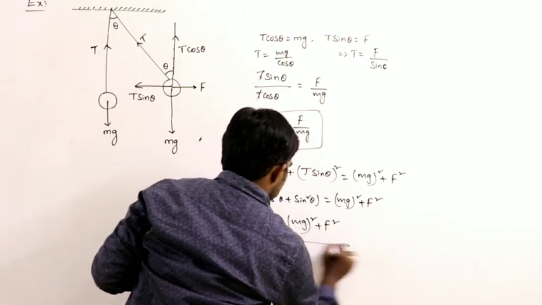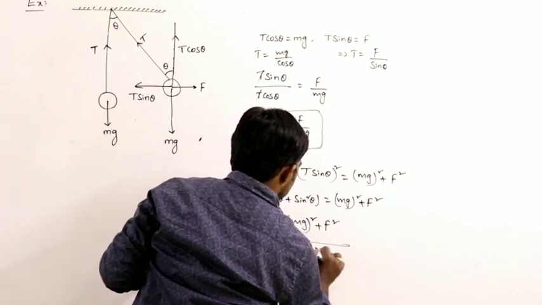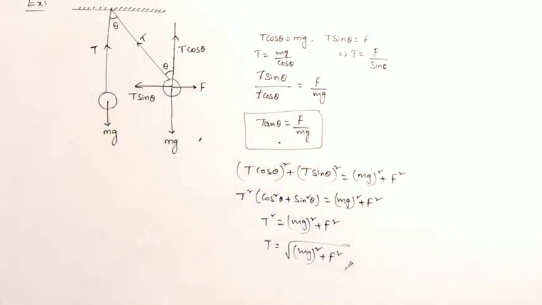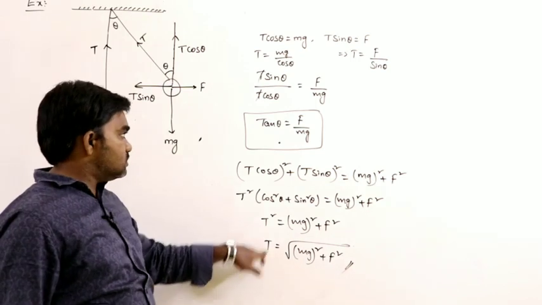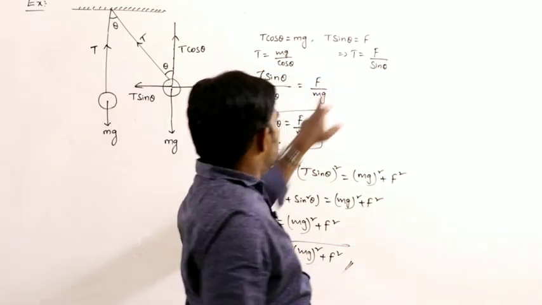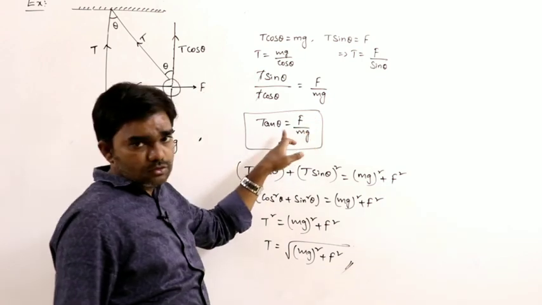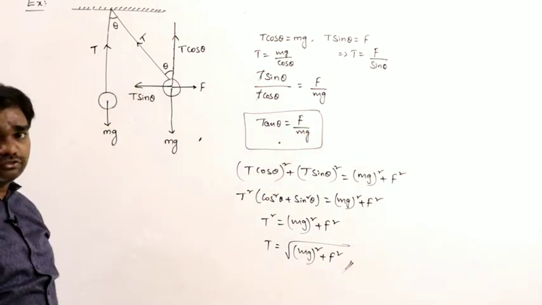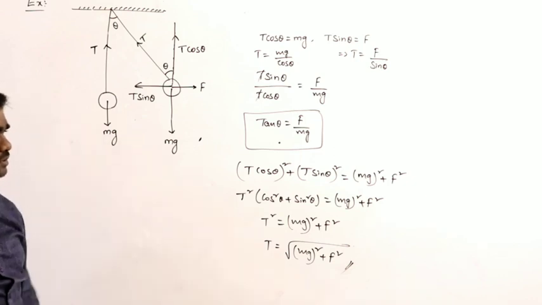T equals under root (mg) whole square plus f square. So we can calculate tension like this, or f can be calculated using these two. This is the concept based on resolution of vectors.